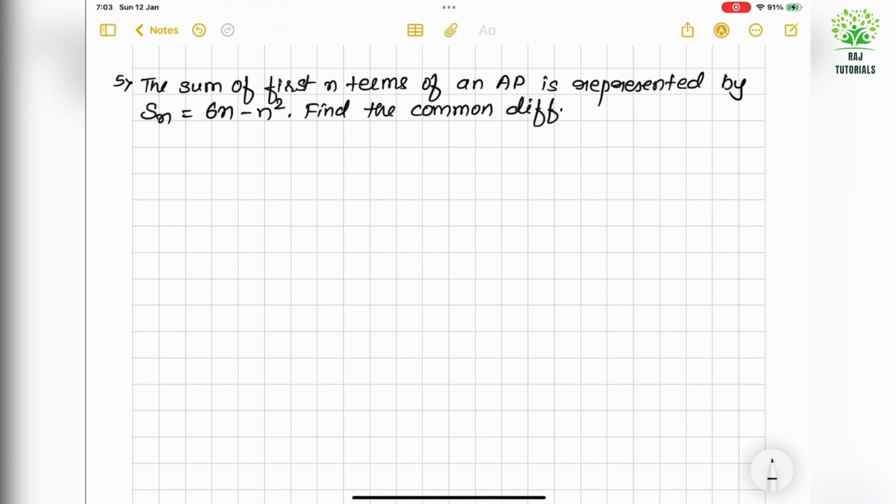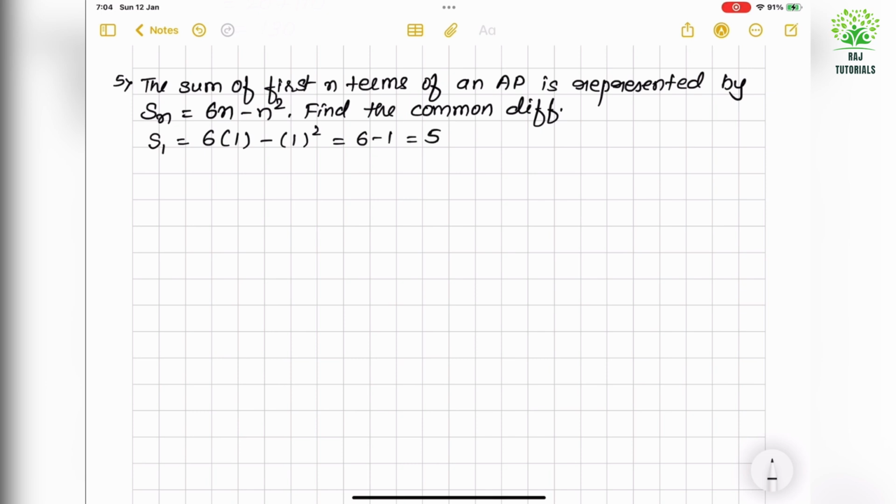Now the next question says the sum of first n terms of an AP is represented by Sn equal to 6n minus n square. Find the common difference. So here first I will find the sum of one term, that is S1. It will be 6 into 1 minus 1 square. So that will be 6 minus 1, so 5.